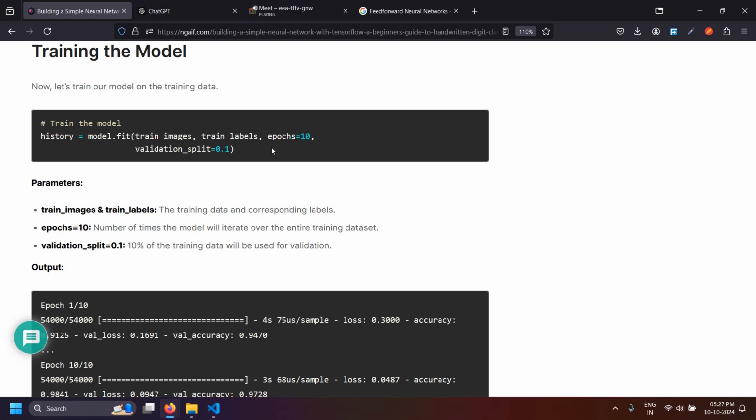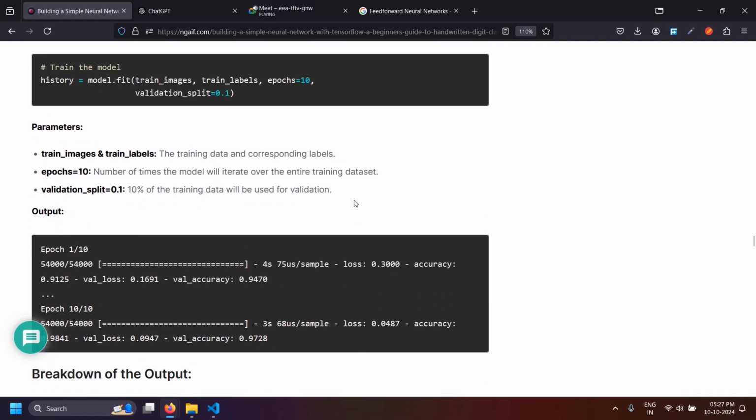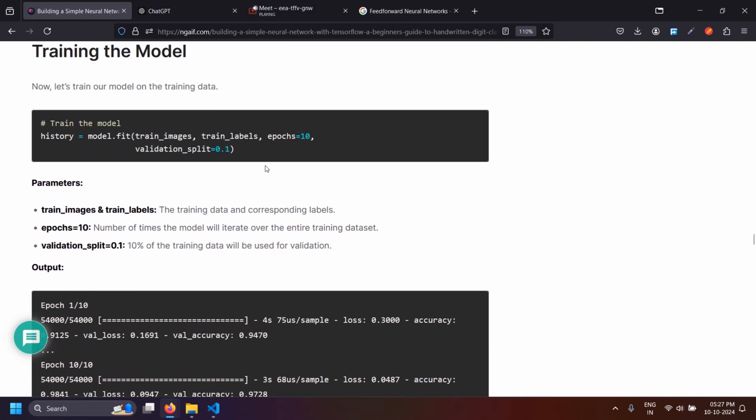Train images and train labels are the training data and corresponding labels. We have training data in the MNIST dataset that we are using. To train the model, we are giving it the training data.